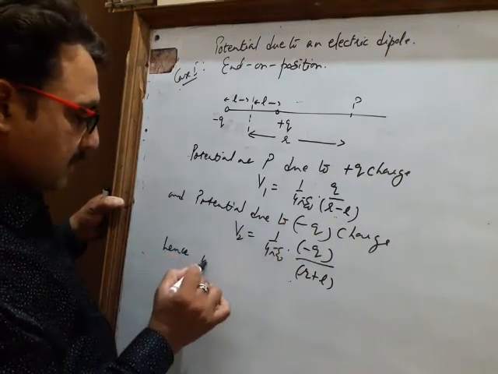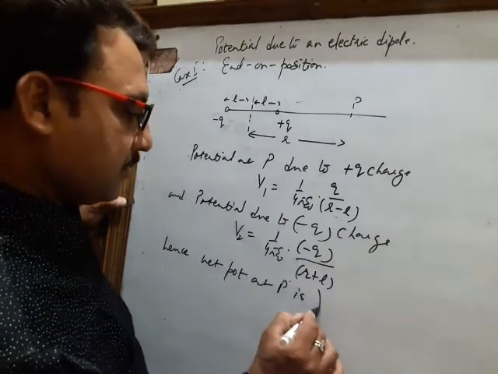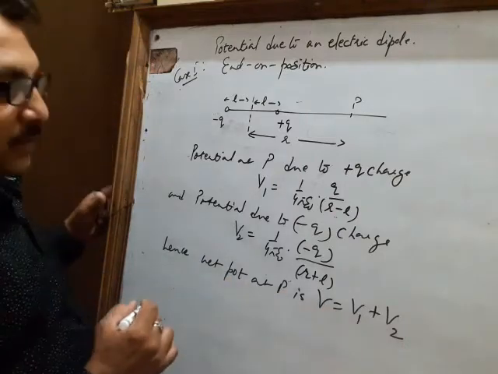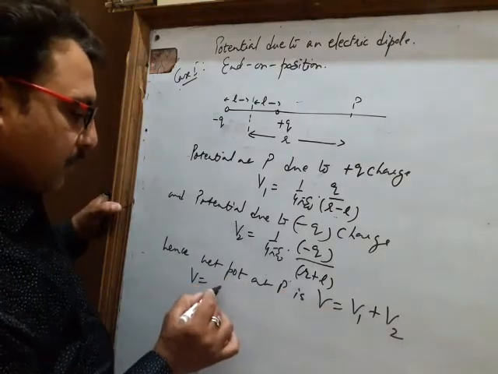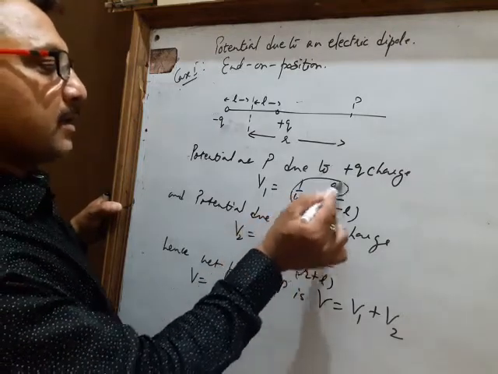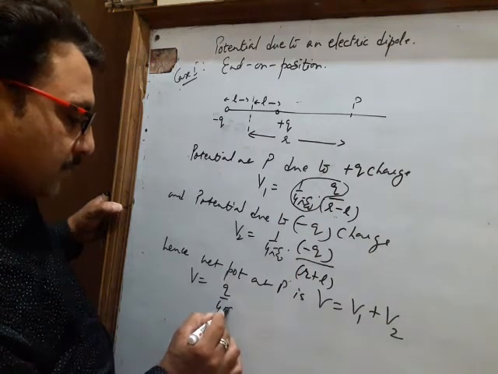Hence net potential at P is V equal to V1 plus V2. This is the net potential, or V equal to, add both these, you can take Q upon 4 pi epsilon naught common directly.